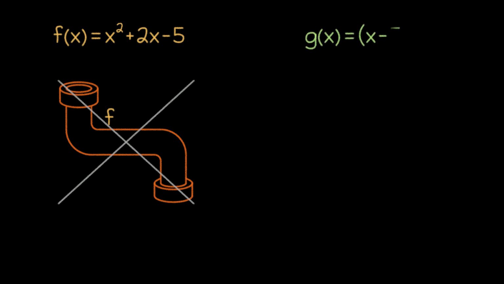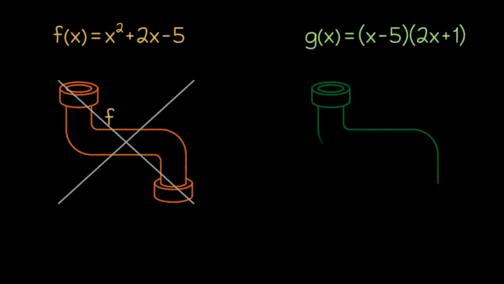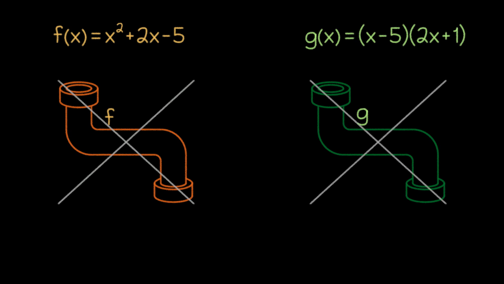The same goes for the factored form. Since the input of the function shows up twice in the function rule, there isn't a way to represent this function as a sequence of steps in its current form. And so we'll also avoid function machines as a way to represent the factored form and stick with function notation for that form as well.